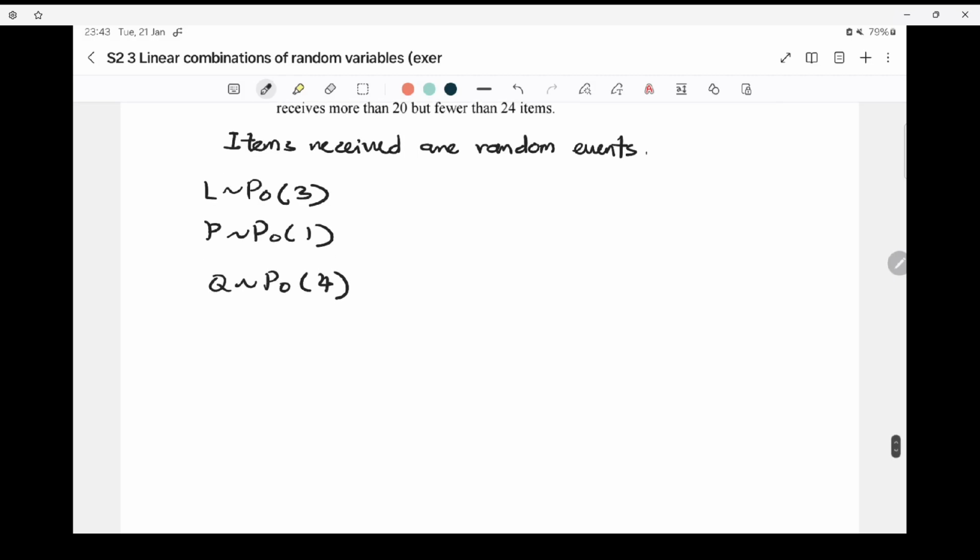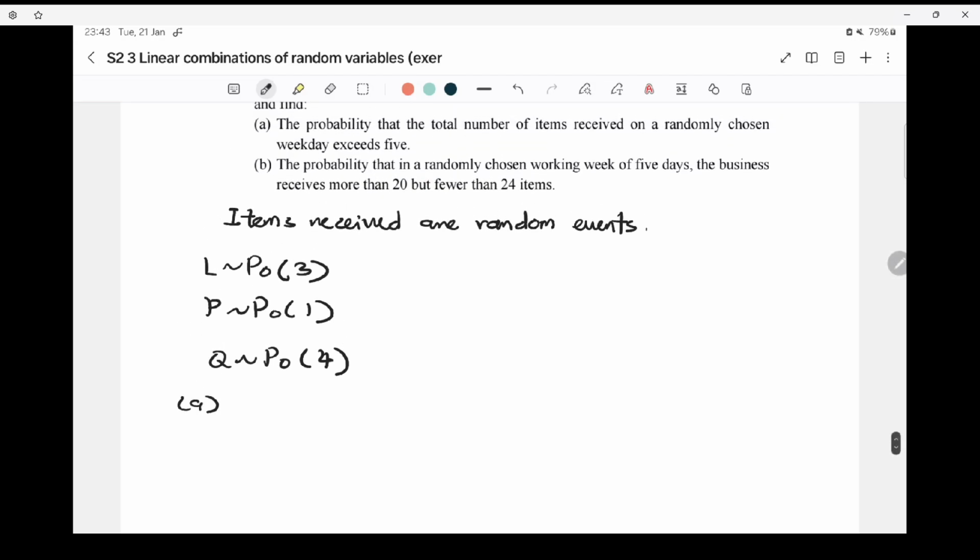So you know how to calculate the lambda for Q, it's just 3 plus 1. The first question asks for the probability that the total number exceeds 5. This would mean you have 1 minus P(Q smaller than or equal to 5).